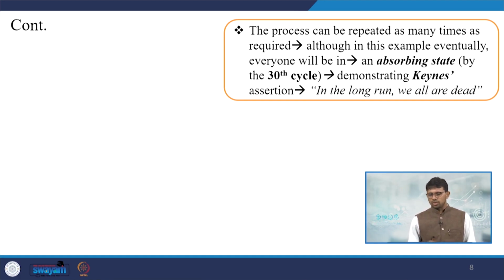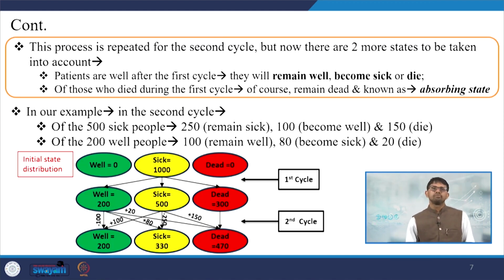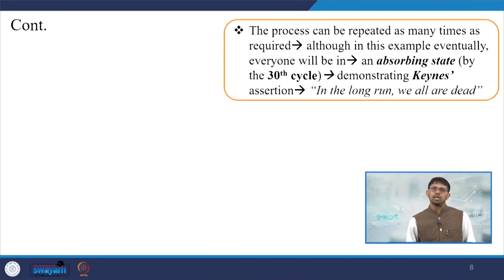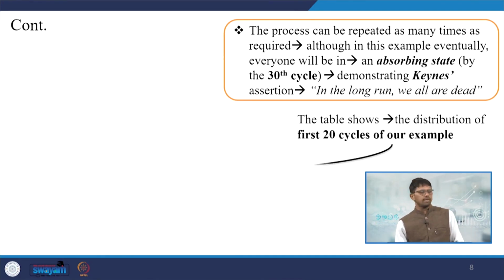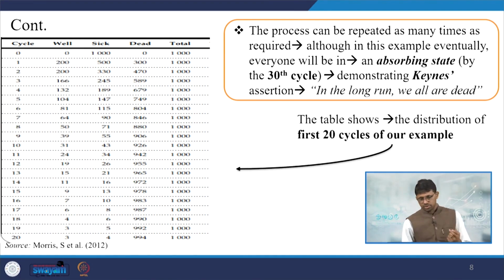So, in total all are absorbed. This demonstrates Keynes' assertion. In the final cycle you will see all are dead. So, in the long run, as Keynes mentioned, all are dead. Hence, present allocation or evaluation really matters.